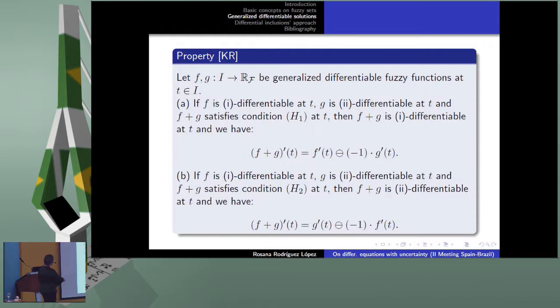And if we expect to have here that the derivative of the addition is the addition of the derivatives, we don't necessarily obtain this expression. So there are many issues that show that this method is not so convenient in order to deal with generalized differential problems in this kind of spaces.